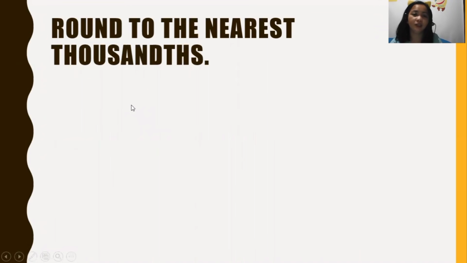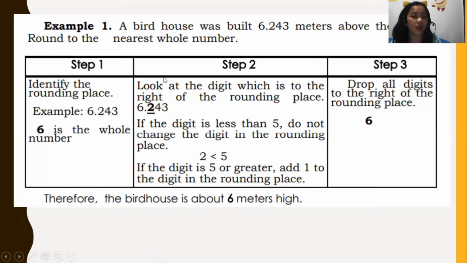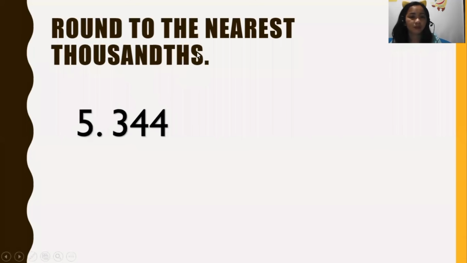Now, let's have another example. Round to the nearest thousandths. So we have here 5 and 344 thousandths. Kung paano i-round yan, wala namang nakalagay na number.